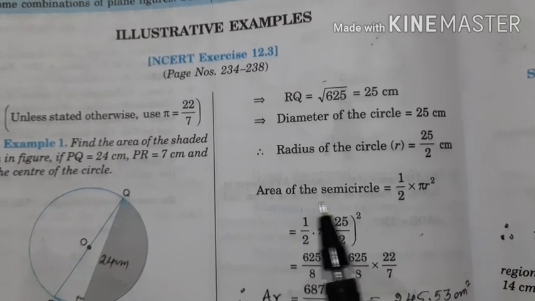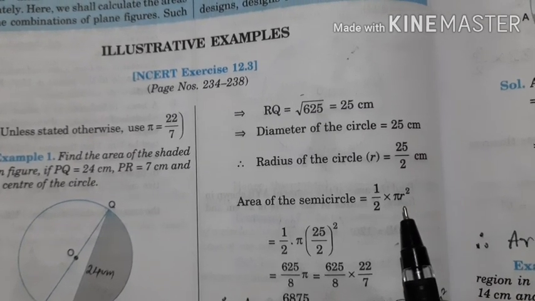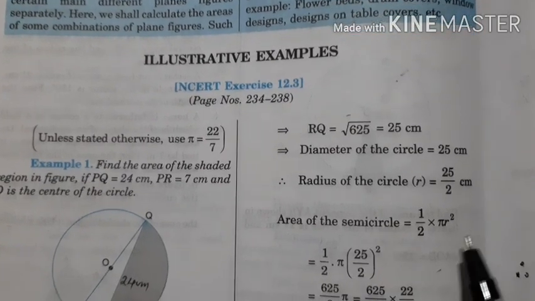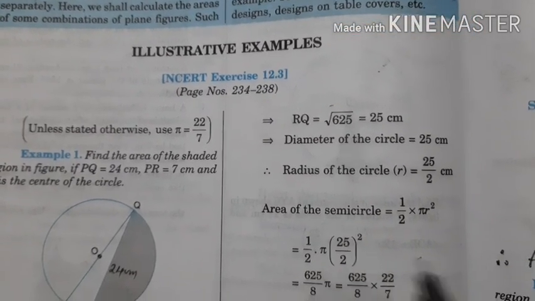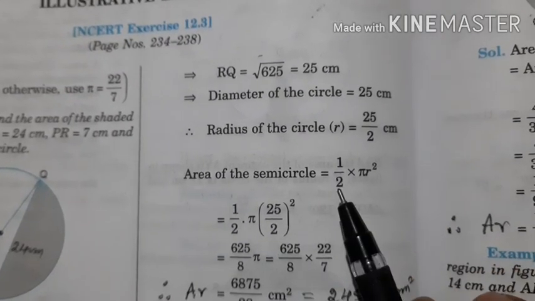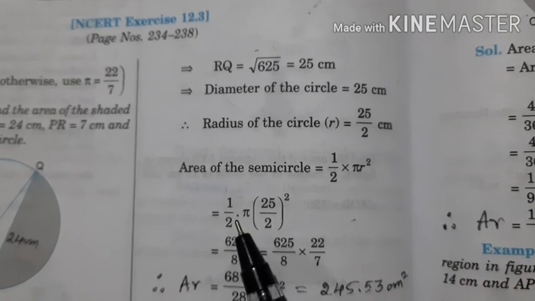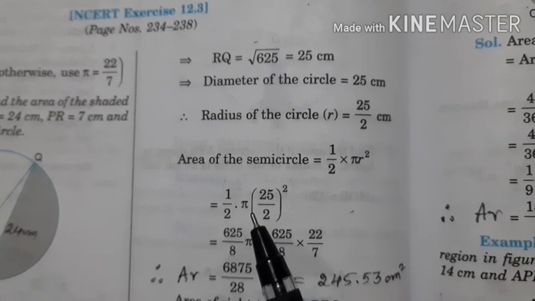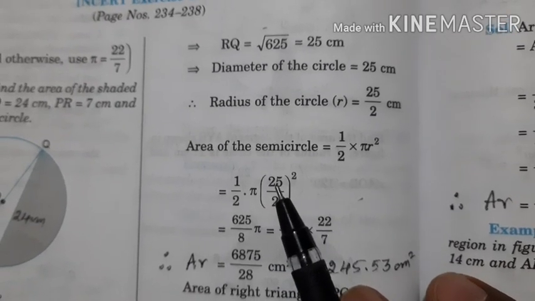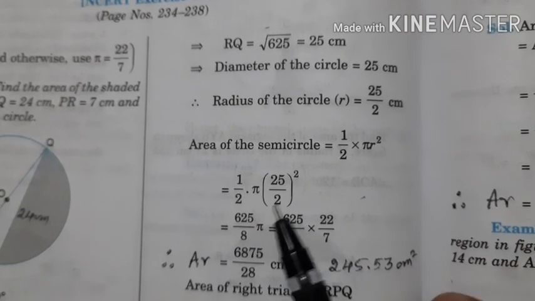Therefore, area of the semicircle is half of pi r square. Pi r square is the full circle area and half of pi r square is the area of the semicircle. Radius square means 25 by 2 the whole square. This is 25 square upon 2 square, which becomes 625 upon 4.